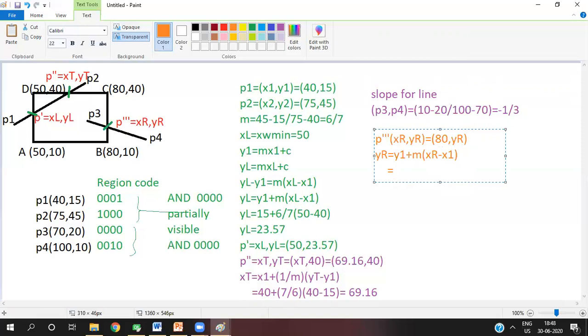P3 point is X1, Y1. 70 is X1, Y1 is 20, right? 20 plus slope minus 1 by 3. Yes, multiply it with XR. What is the value of XR? XR is 80 minus X1 is 70. Yes, calculate it, is equal to 20, 10, right? Minus 10 divided by 3.